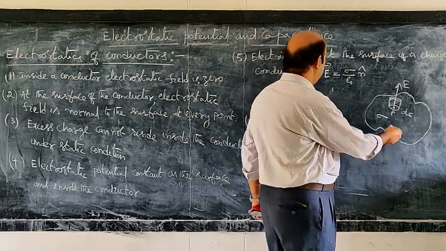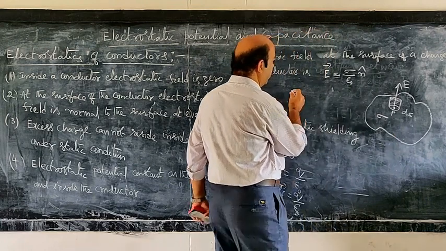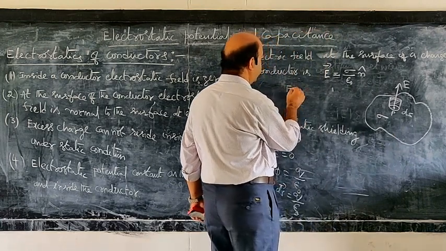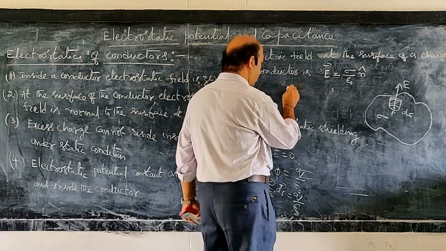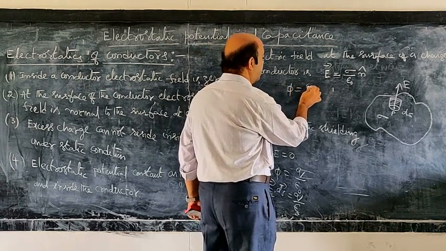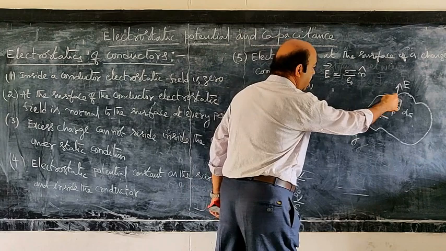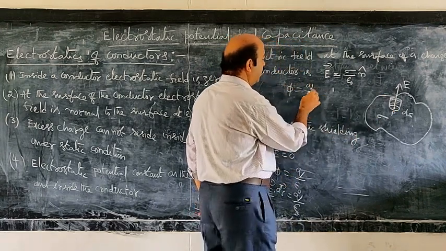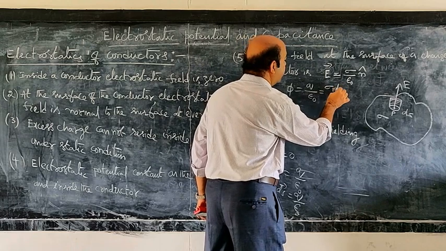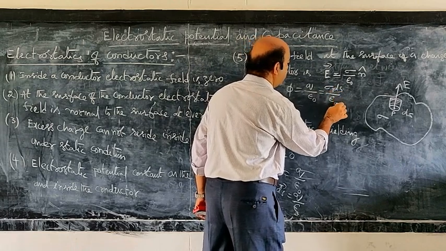From Gauss law, the electric flux is given by the total charge enclosed in the Gaussian surface divided by epsilon naught. Q is nothing but sigma ds, so the flux is sigma ds by epsilon naught.